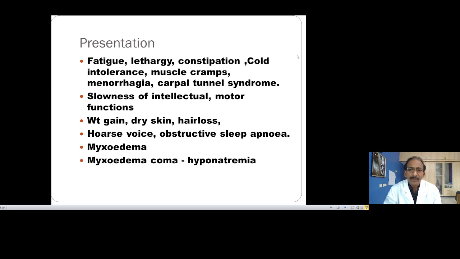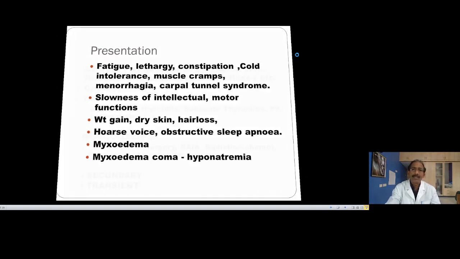They are also subject to sleep apnea. Sleep apnea is one of the commonest conditions next to obesity in hypothyroidism. And sometimes there can be frank myxedema coma, though it's rare, but we do see that. It can present as hyponatremia, isolated hyponatremia, as a feature of myxedema coma.